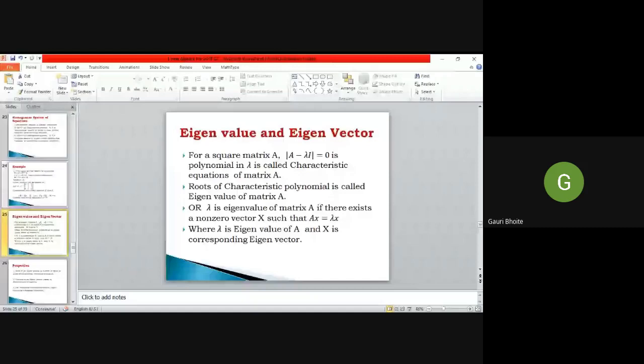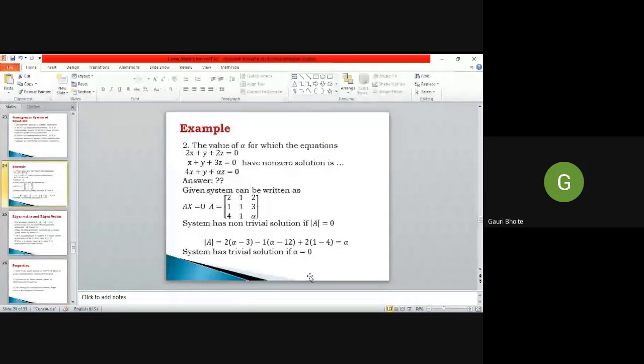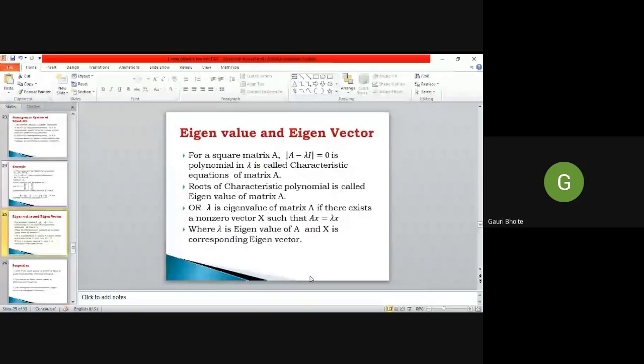Now, we simplify and take the next topic, eigenvalues and eigenvectors. What are the eigenvalues of a square matrix and what are the eigenvectors, and based on the properties we will solve some examples.